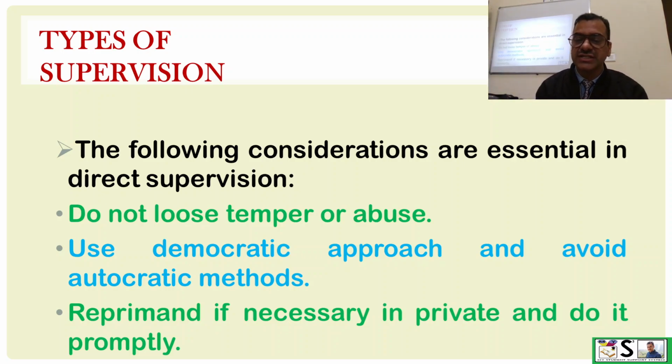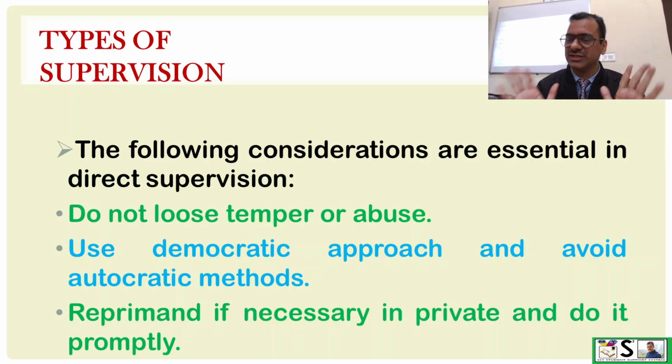Reprimand if necessary in private, and do it promptly. What is that? If a client or the subordinate is making any mistake, then as I just told, in private or in your room, when you and the subordinate are there, then you can tell, or even you can shout, but not in public. Depending upon the mistake he or she has done.